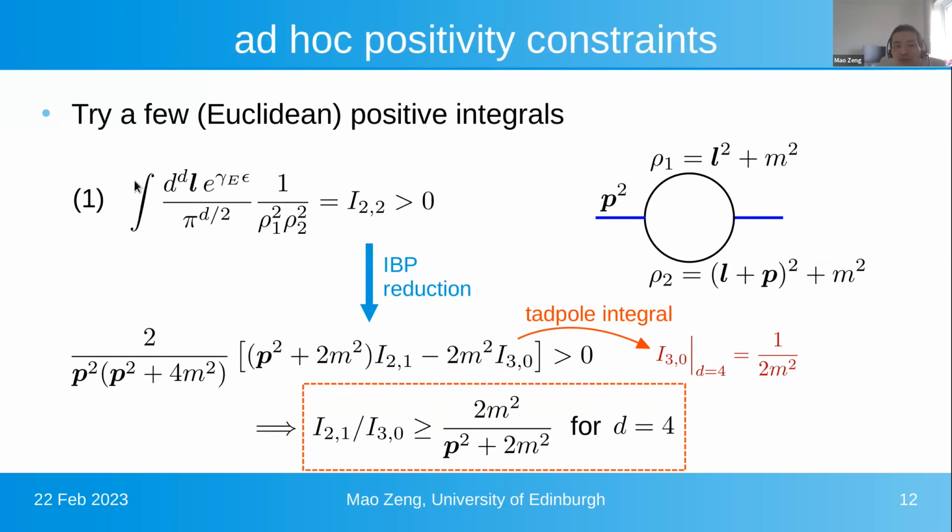And I will get very large values for the coefficients of the master integrals, which makes the expression extremely sensitive to the value of the master integrals. So my intuition is that because you get very large numbers in the integration by part reduction of the constraints, if you get the value of the master integral wrong by a tiny bit, you will violate your positivity constraints. But I don't have any idea how to actually prove it.